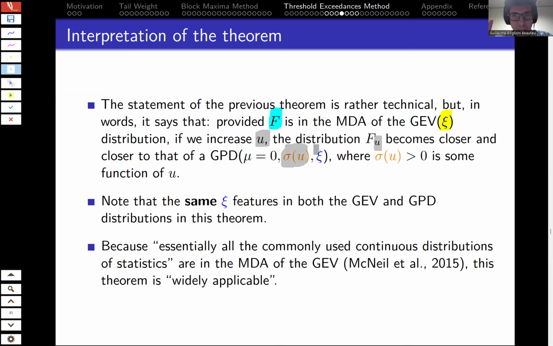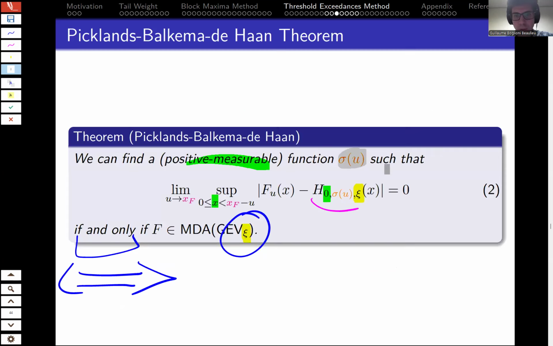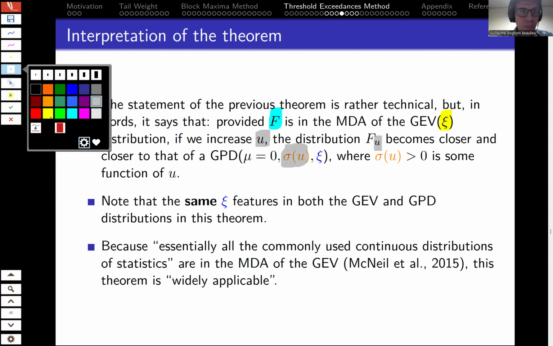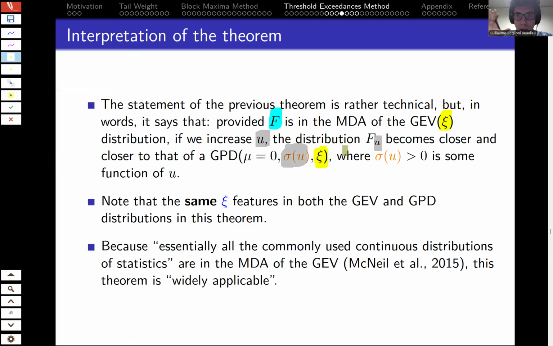That's maybe a bit mysterious. We haven't said what sigma is, but we just know it exists. Okay, there is a certain function here, sigma of u. But again, that's the important point: C, which is the same as in the GEV-C.